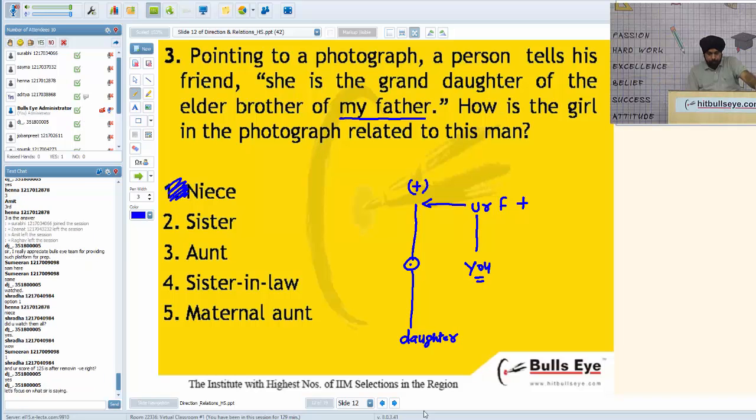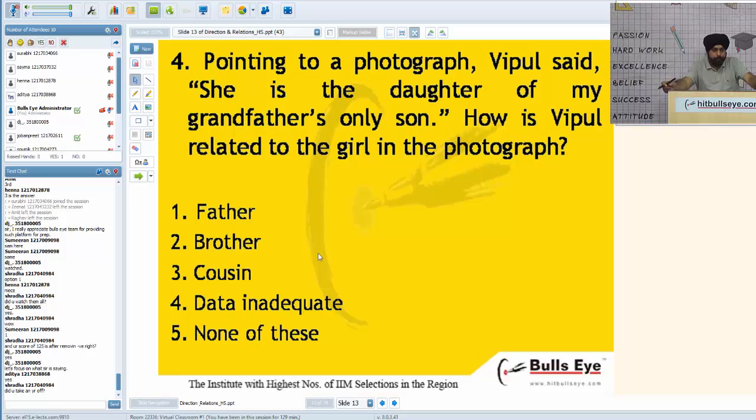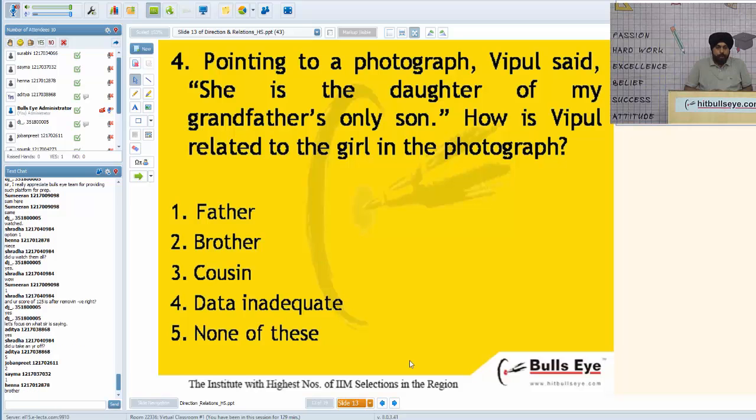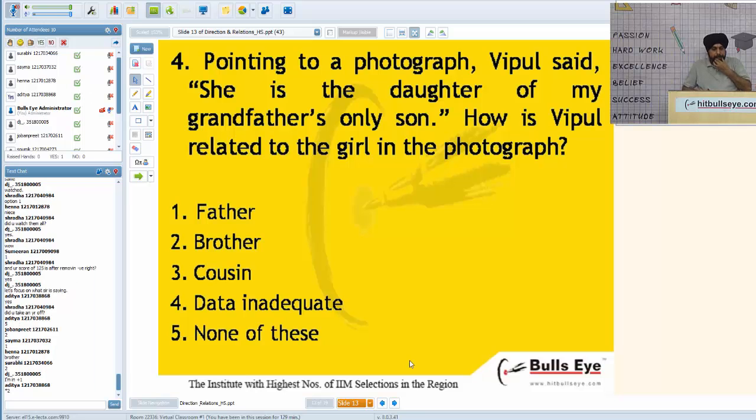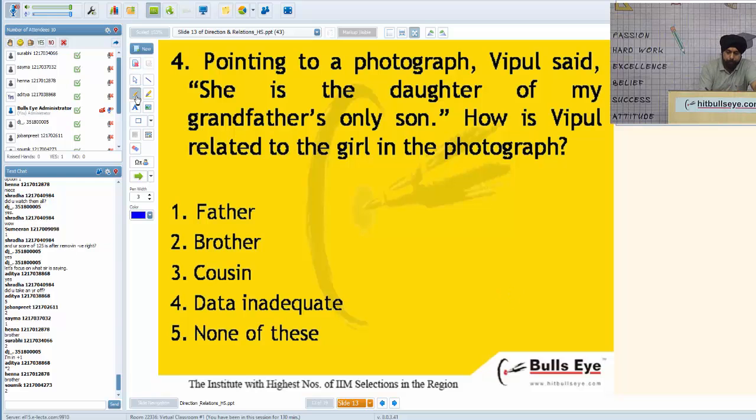Okay students, moving on, answer this. The last question of the day. She is the daughter of my grandfather's only son. Vipul said this. From Vipul's perspective, here you'll have Vipul's father, here it will be Vipul's grandfather.